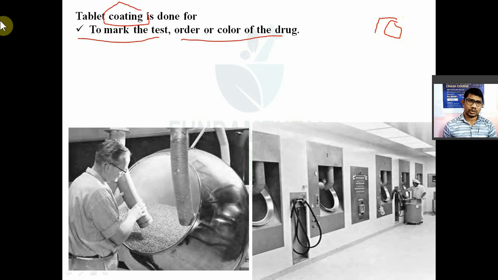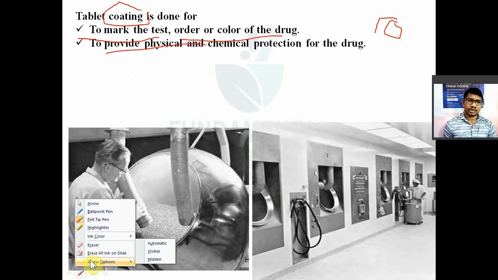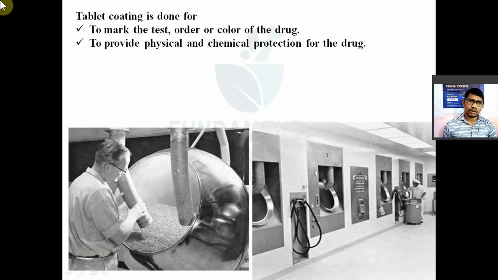Again, it provides physical and chemical protection to the tablet from the environment. Suppose you want to prevent moisture penetration in the tablet, or prevent oxidation of the tablet API. You cover the tablet with a thin film, and that is known as coating of a tablet.